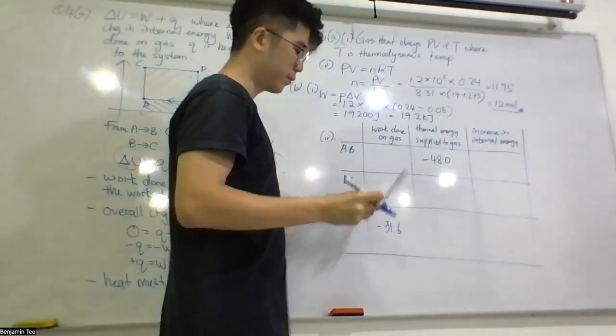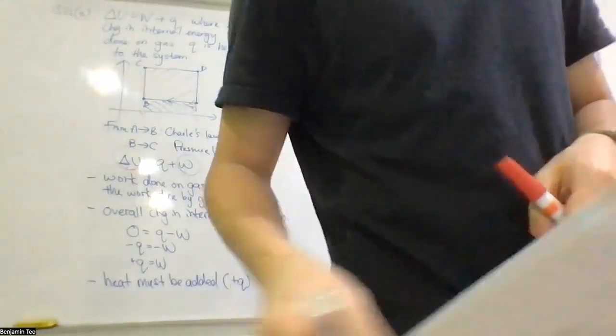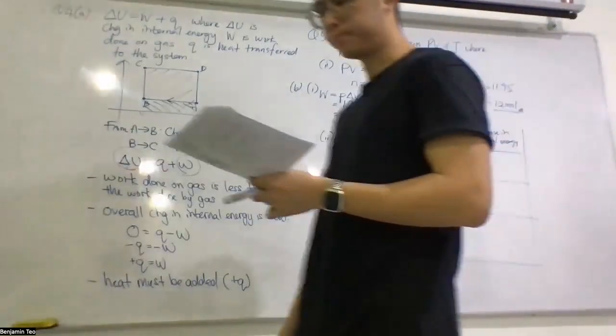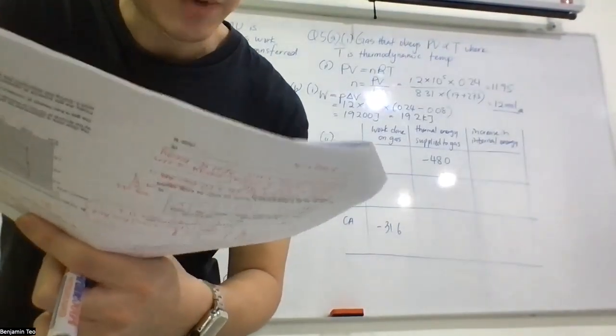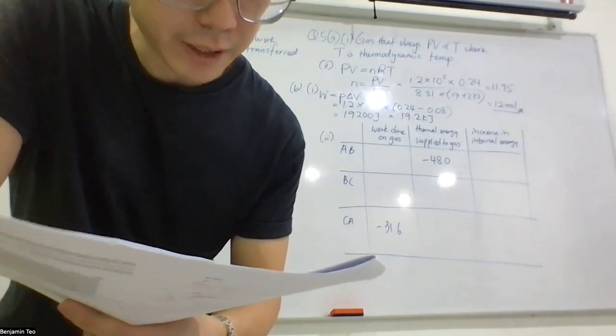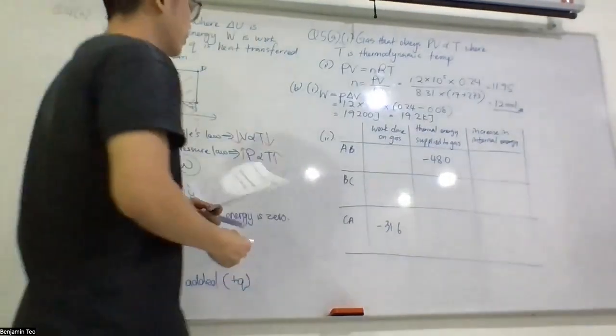Right, now this one probably is the most famous question in heat. You see this a lot in past year papers. So we'll try one question here, how to do a question like this. Complete the table to show work done on the gas, thermal energy supplied, and also the internal energy. So let's start with AB.